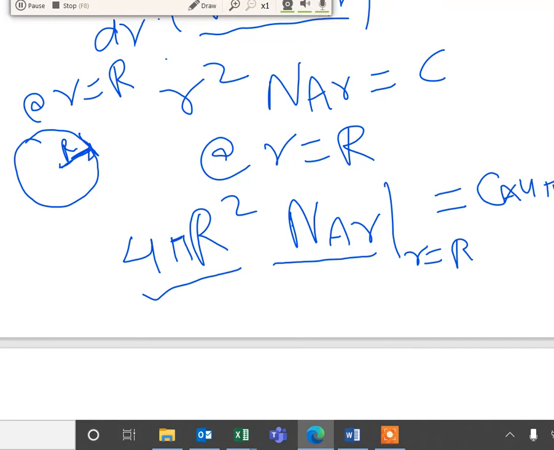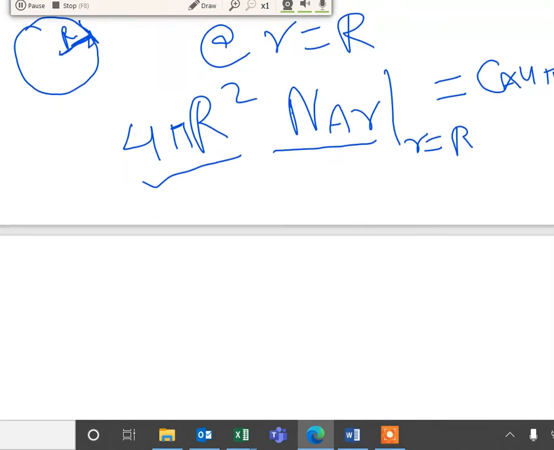Flux is mole per unit time per unit area, and you multiply this with area, this becomes mole per unit time, which is WA. Okay, this whole term is constant. That is WA. So WA equals 4 pi times C.